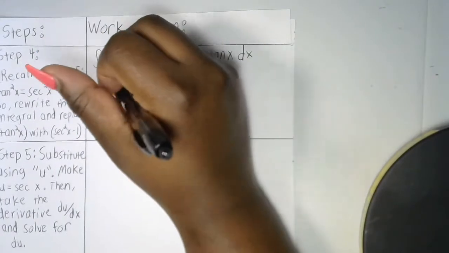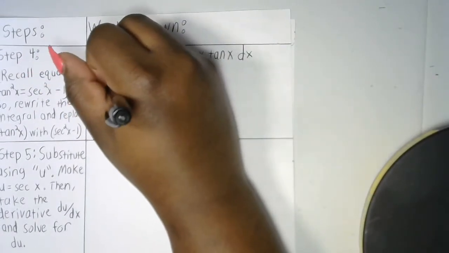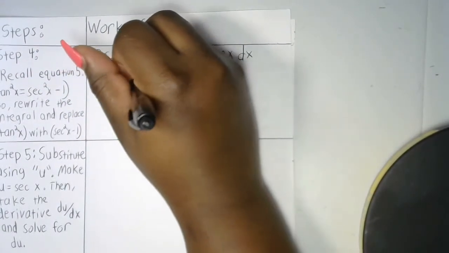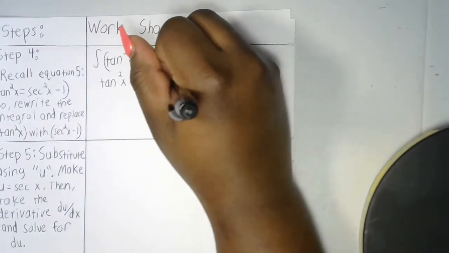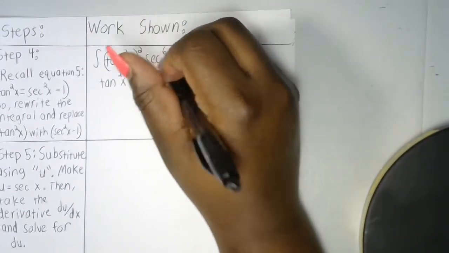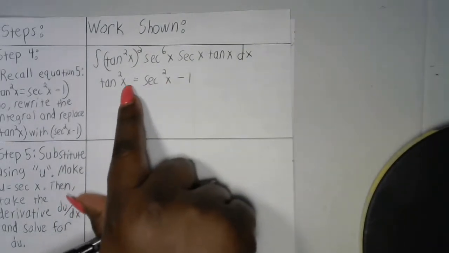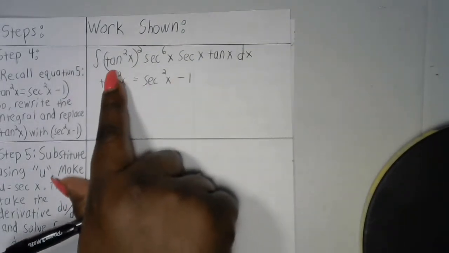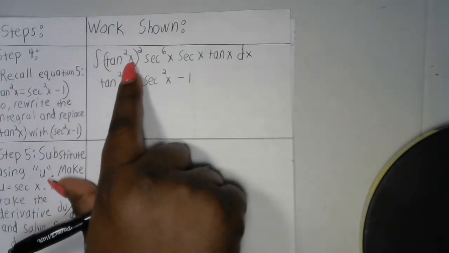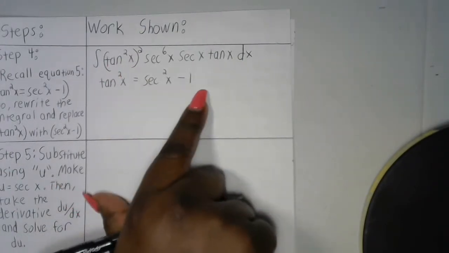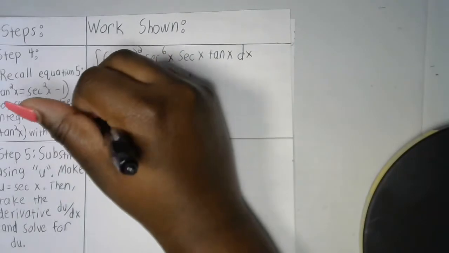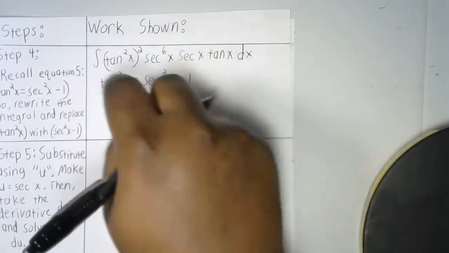From equation 5, we already established that tan x squared is equal to secant x squared minus 1. So we're going to take this term right here and replace this with this. So now let's rewrite the integral.